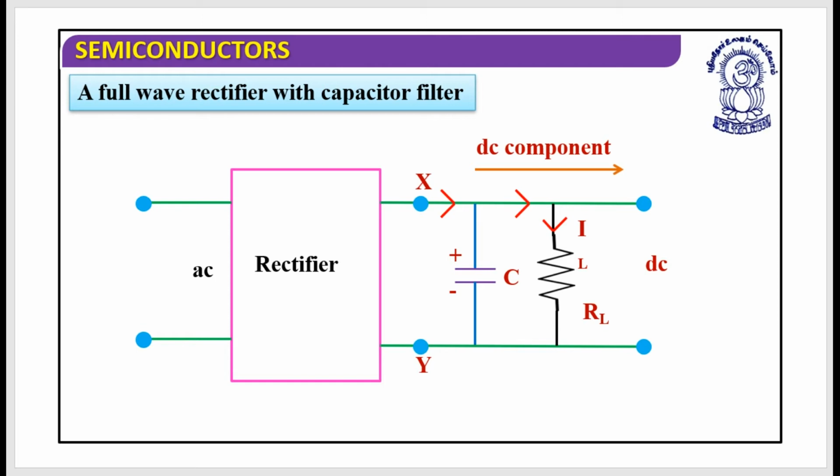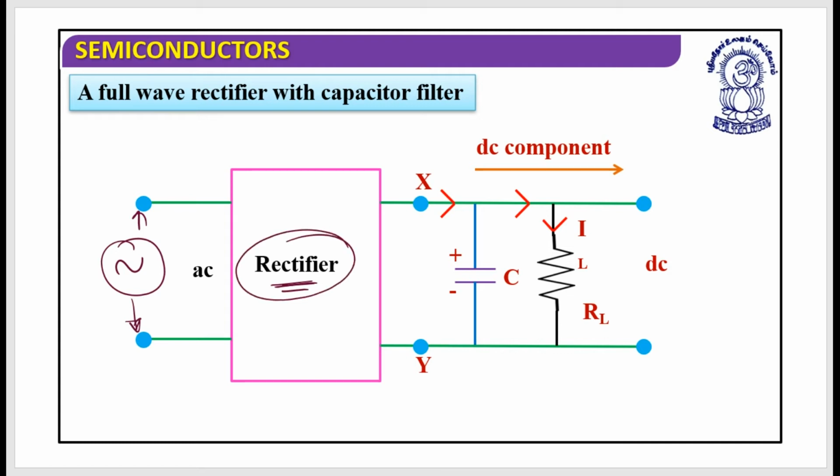This is how we construct it: from here we are going to provide the AC supply, and this AC supply will be available to the rectifier. And when we provide this supply to the rectifier, the rectifier will perform the rectification task.